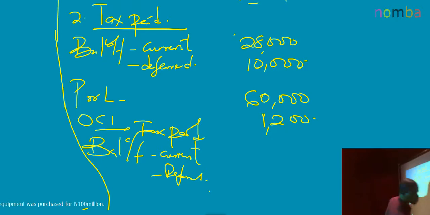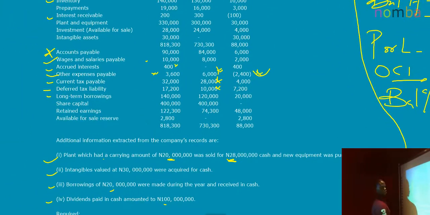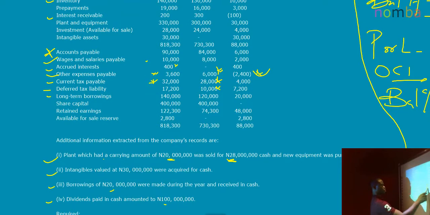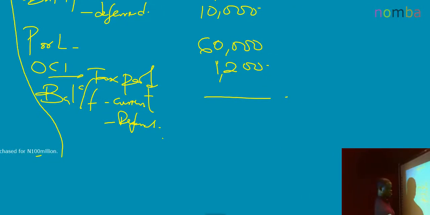So what's the current and what's the deferred at the end for the tax? For the current tax it is 32,000, and for the deferred it is 17,200.